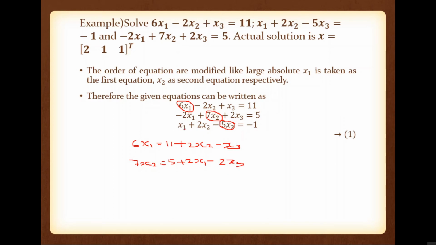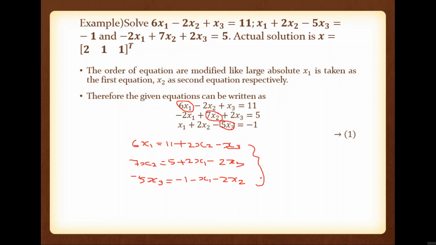Now third one we have minus 5x3, that is equal to minus 1 minus x1 minus 2x2. So I think all of you have the same thing.